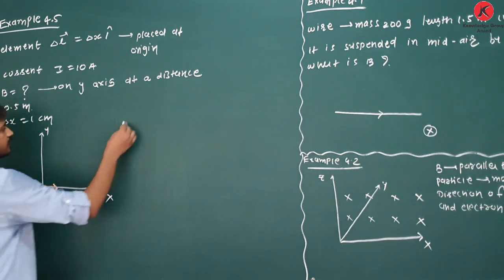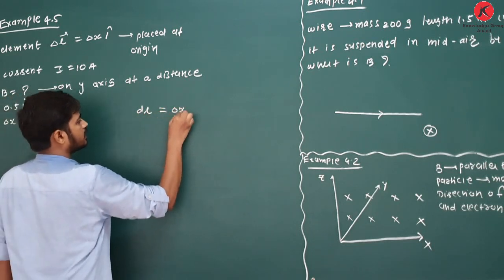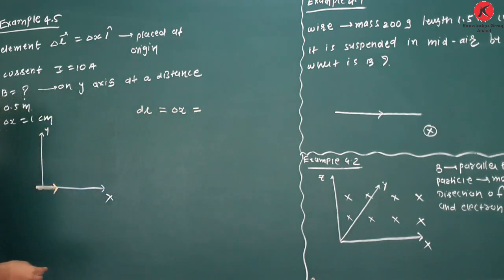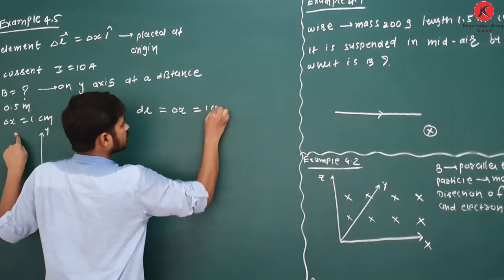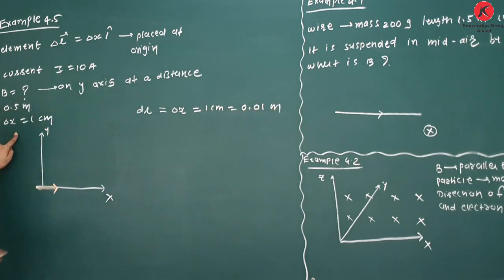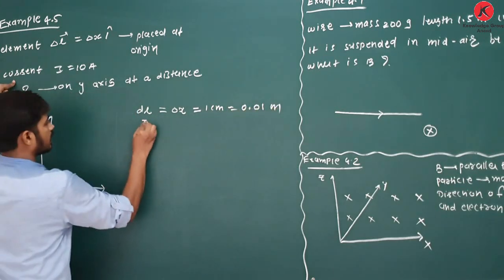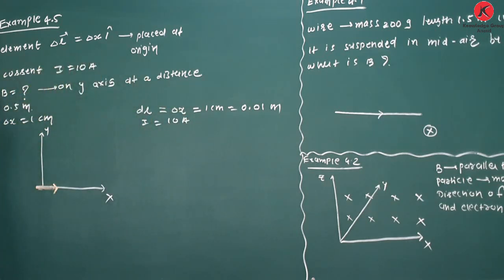See, I am writing like this. dl is equal to delta x. What is the value of delta x? Delta x is equal to 1 centimeter, and 1 centimeter is equal to 0.01 meter. Clear? Current flowing through it is I is equal to 10 ampere. Yes or no? Yes. What is the magnetic field on the y-axis at a distance 0.5?